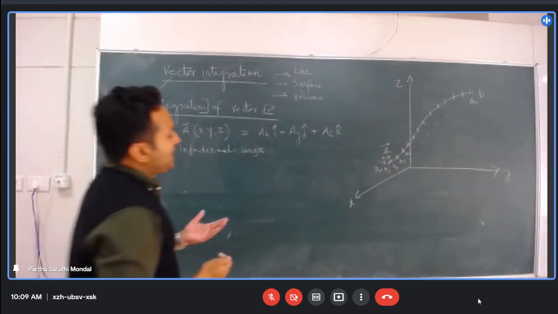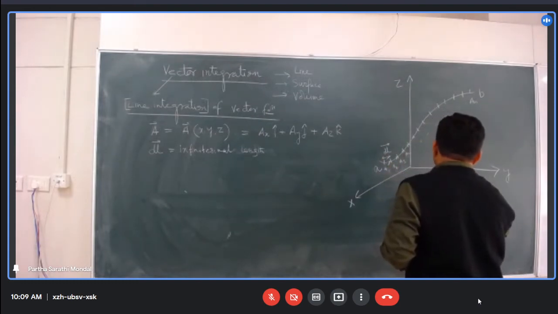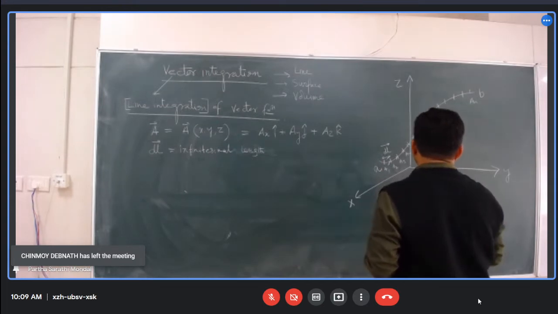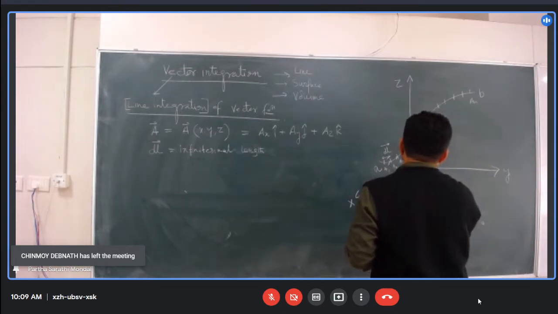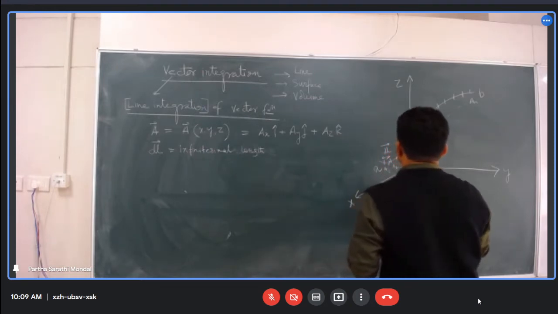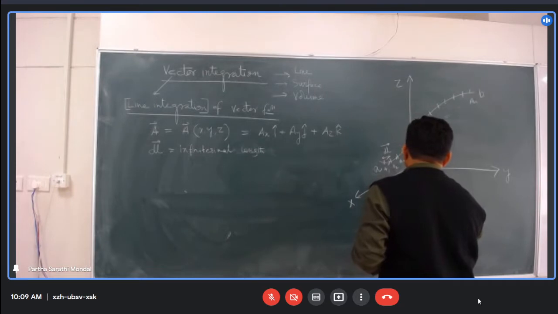Then at each point you have to calculate the dot product of this quantity, and then you do the summation of A dot dl for each point from A1 to An.